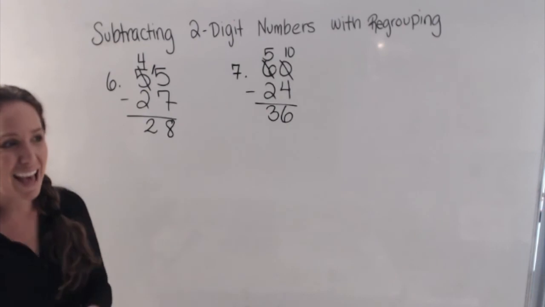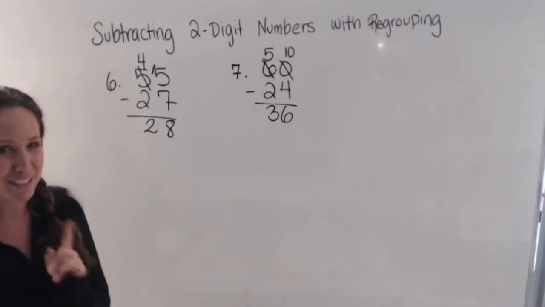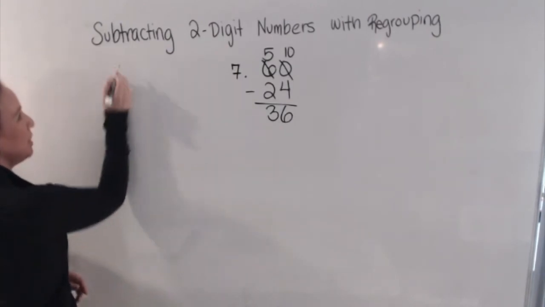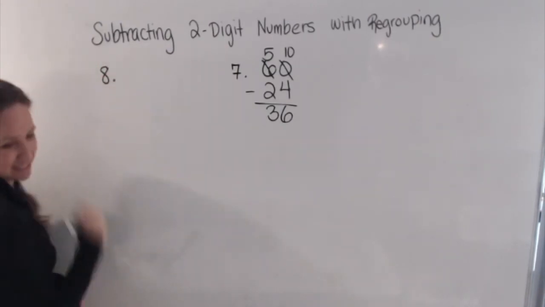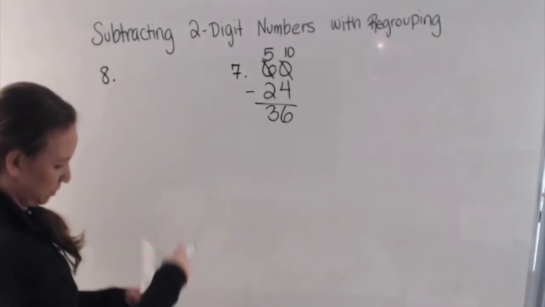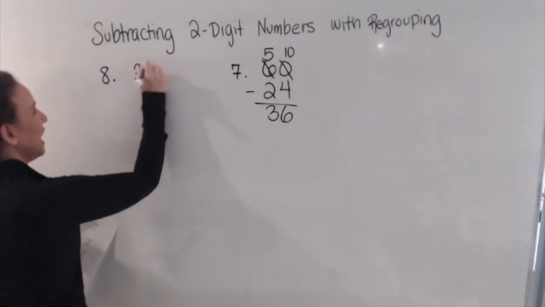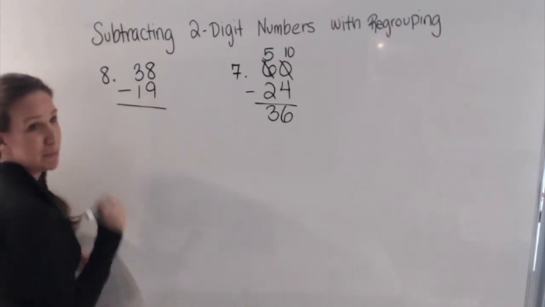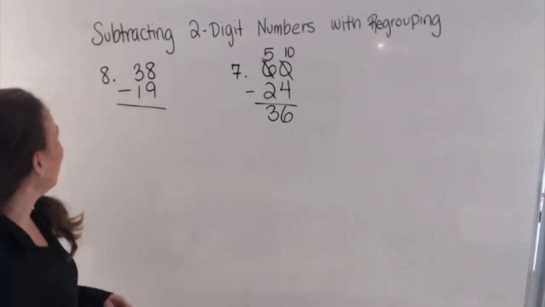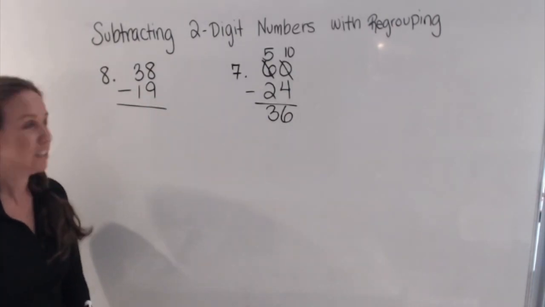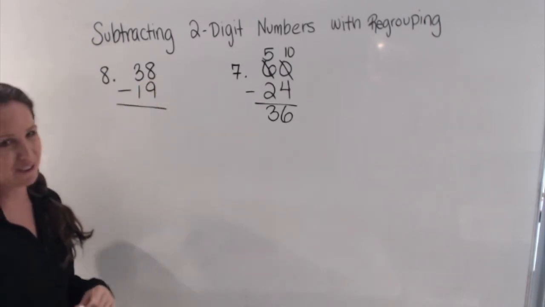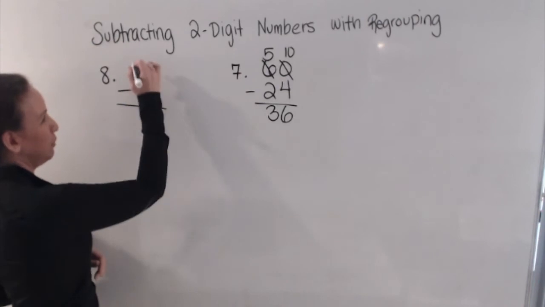And for the last problem, the last one for the day, problem number 8. 38 minus 19. I almost said 14. 38 minus 19. Can I subtract 9 from 8? No. So again, we're going to regroup.